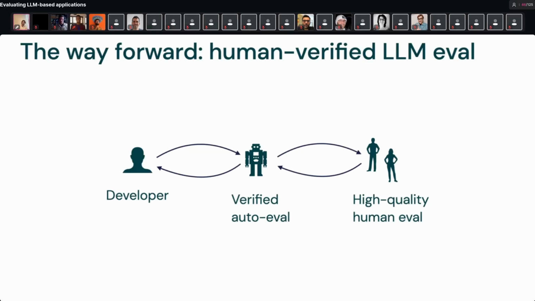So as a developer, you primarily interact with an auto evaluator. And the reason why you do that is because that lets you move fast, right? Every change you make, you can auto evaluate and determine whether it's actually worth spending the money to do a human eval. But then that auto evaluation should be verified on your task. And the way that you verify that is through high quality human evaluation.